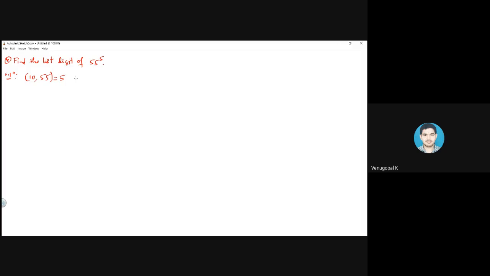So this implies 10 and 5 are not co-prime or relatively prime. So what to do? We definitely know that 55 has the prime decomposition 5 into 11.